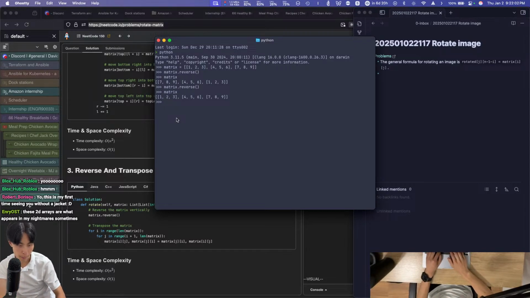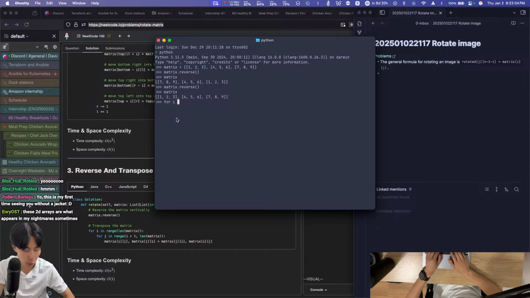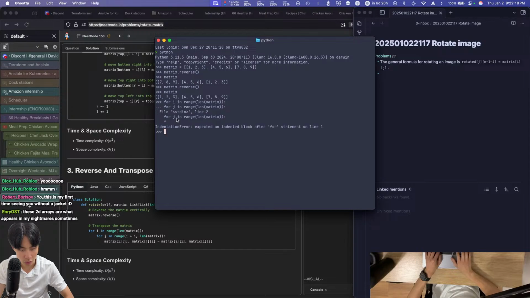So let's run this: for i in range, len of matrix, for j in range, I wonder if you can do this for j in range i plus 1, len matrix.